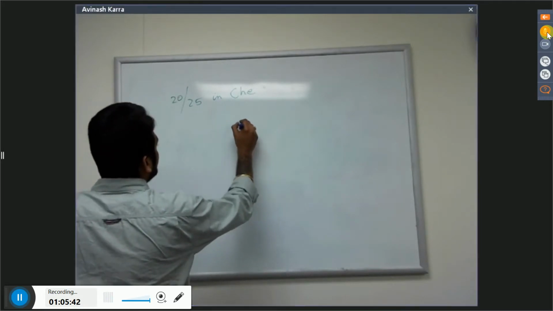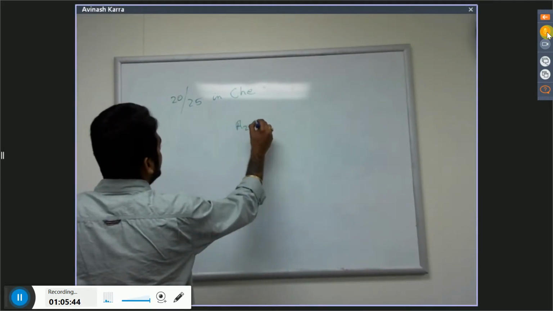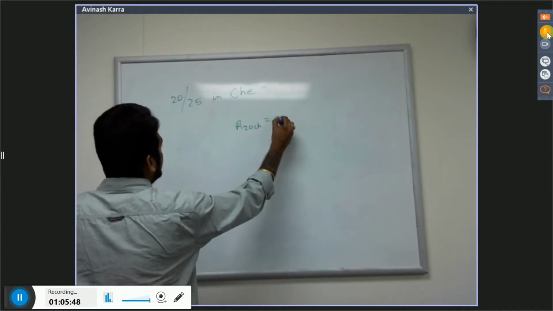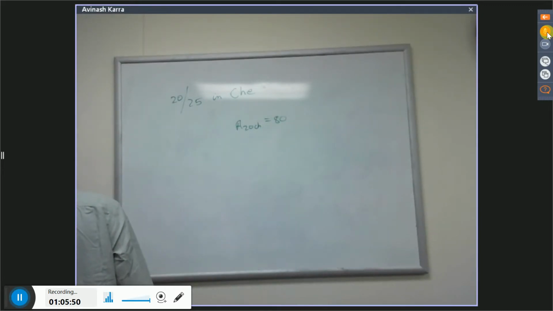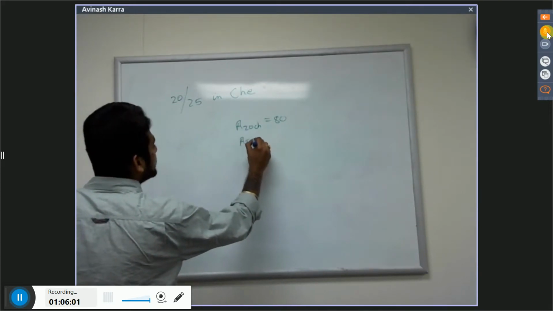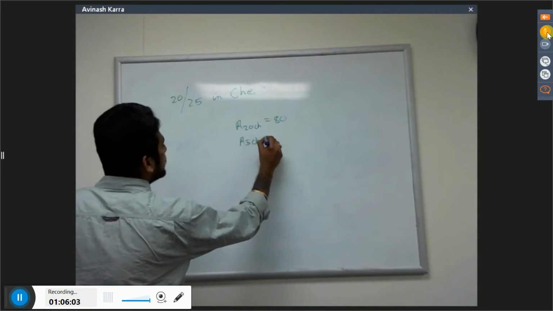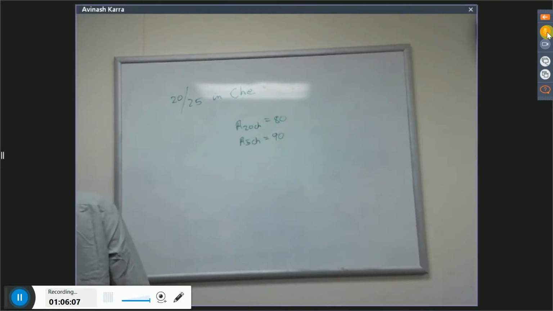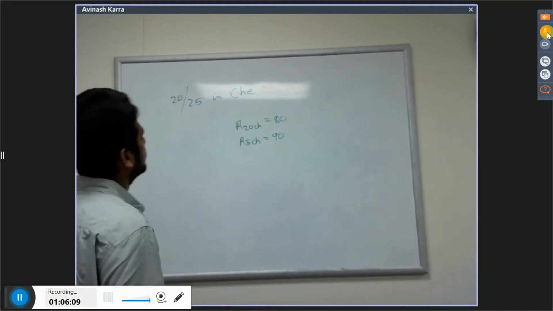So I can say A20 CH is equal to 80. On Friday, the other 5 students took the test and their average is 90. Maybe they got the question before. What was the average of the entire class?